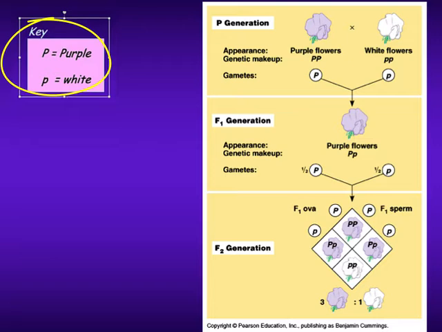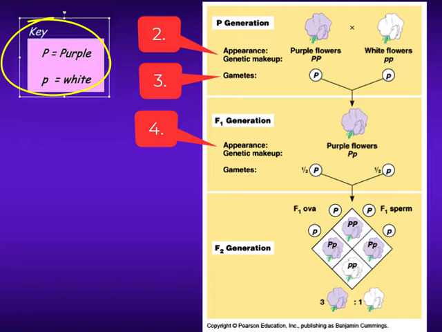Then we have the second step, which is identifying the parent generation, both parents' genotypes and phenotypes. Then we have the third step, which is identifying the gametes from each of the parents. Then we have the fourth step, which is identifying F1 generation, phenotype and genotype as a result of fertilization of the gametes.